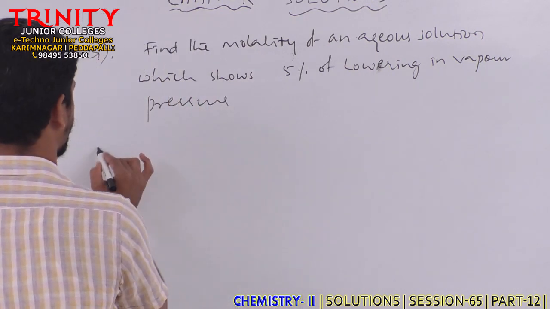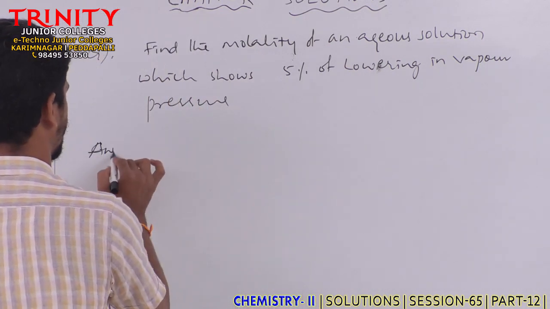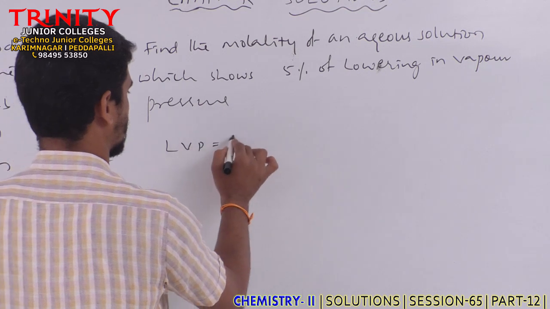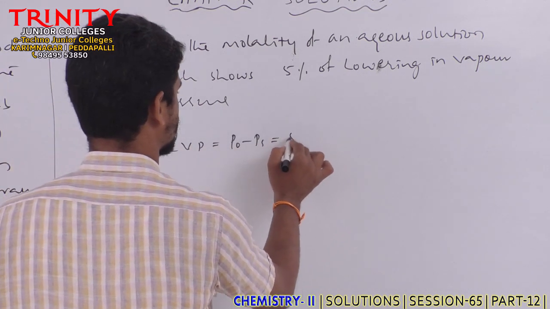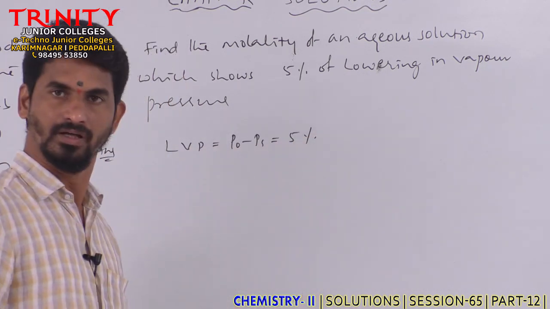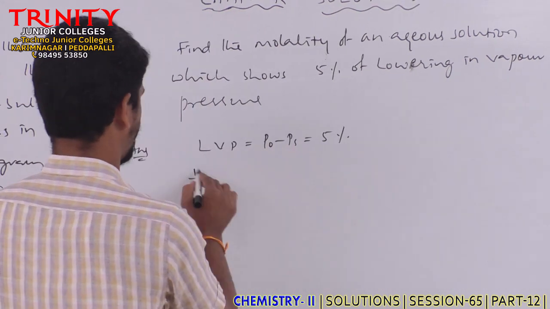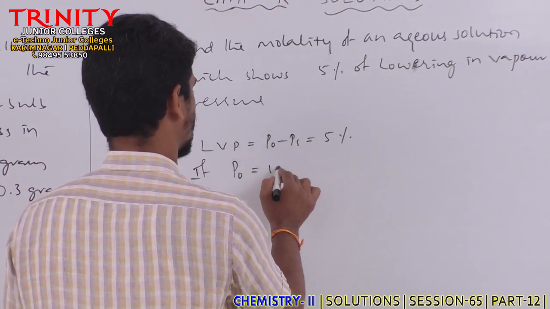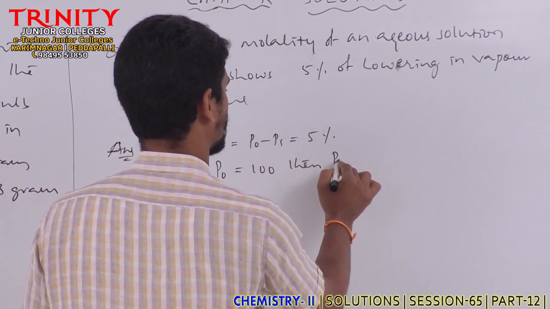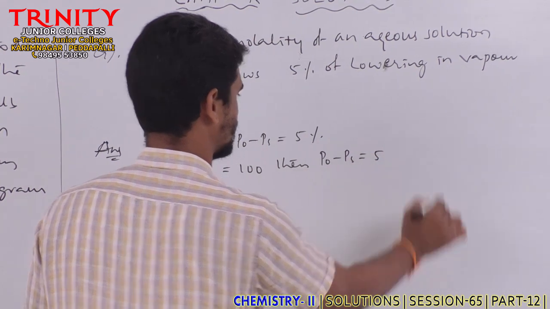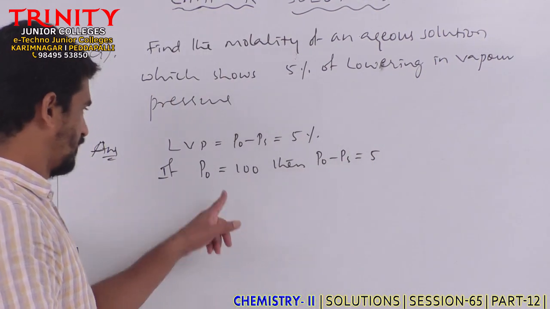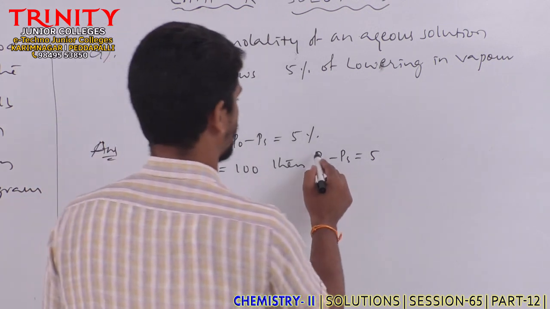So here lowering in vapor pressure, LVP, is given as P naught minus Ps equals 5%. Means, if P naught equals 100, then P naught minus Ps equals 5. If P naught equals 100, then LVP is 5.